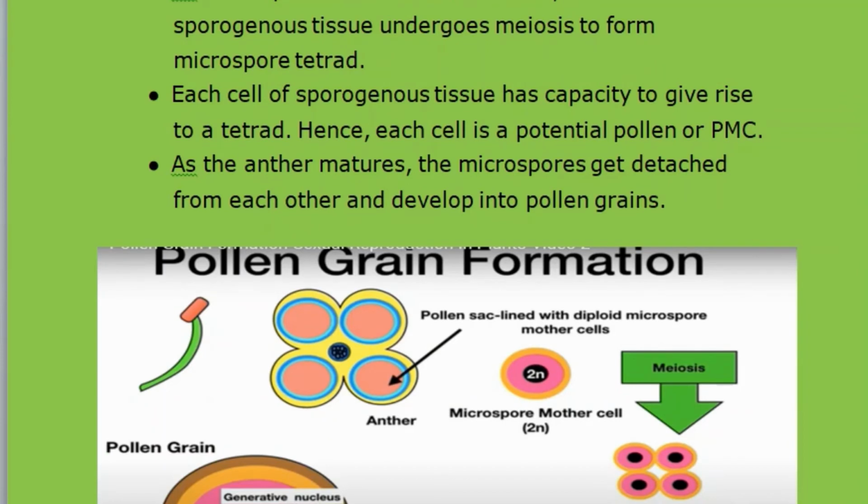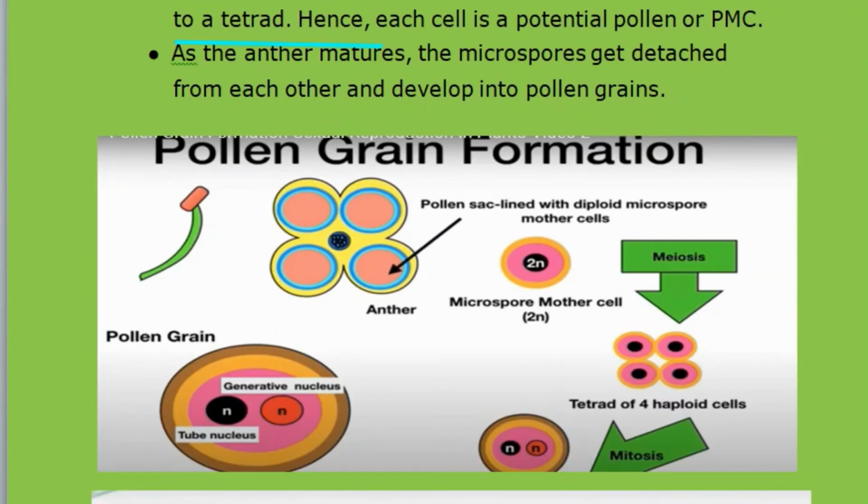As development occurs in the anther, the sporogenous tissue undergoes meiosis to form microspore tetrad. First thing is sporogenous tissue. I told you that in the young anther there is no pollen grain, all the tissues are the same and are known as sporogenous tissue. This is the sporogenous tissue. Tissue means a group of cells, and each cell can undergo meiosis, and these cells are known as microspore mother cells.